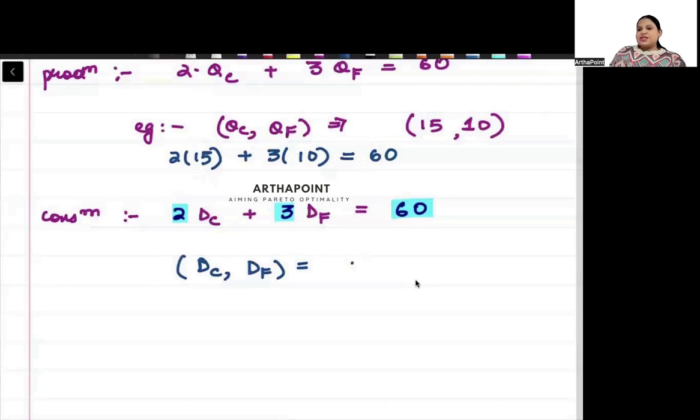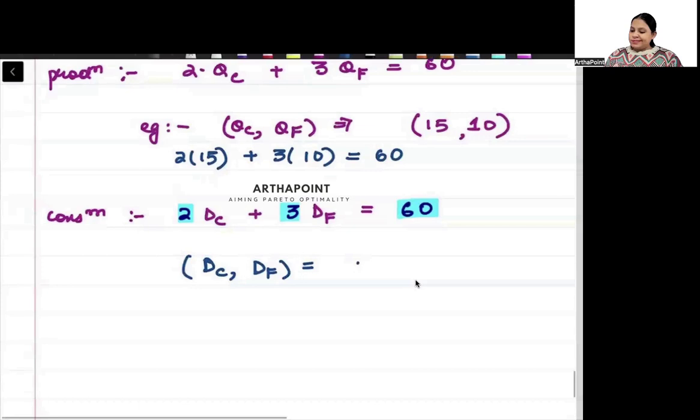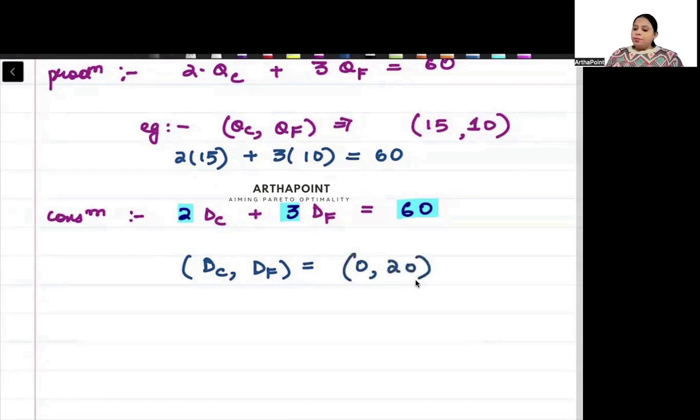I want to make this 60, but I don't want fractions, so I am creating this bundle. Both lie on the same line.